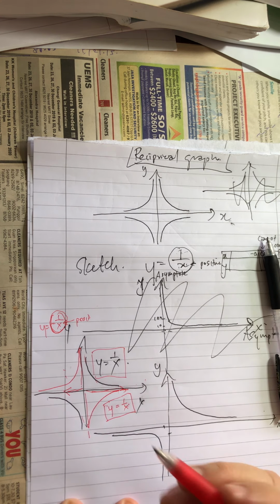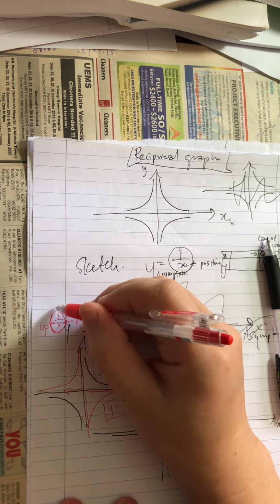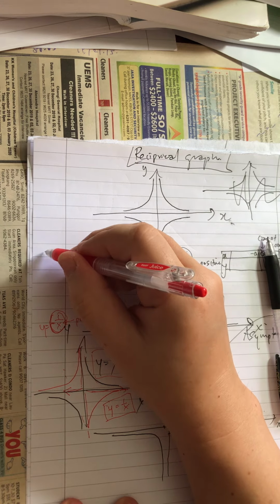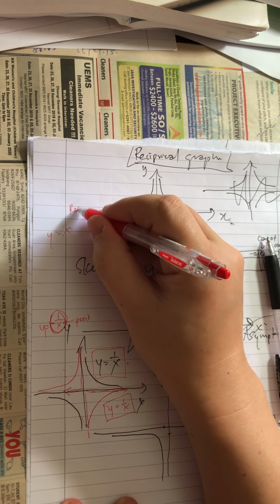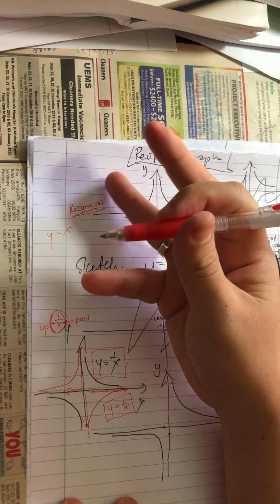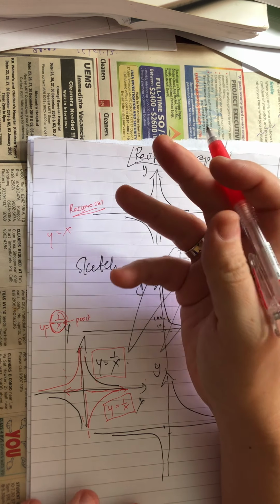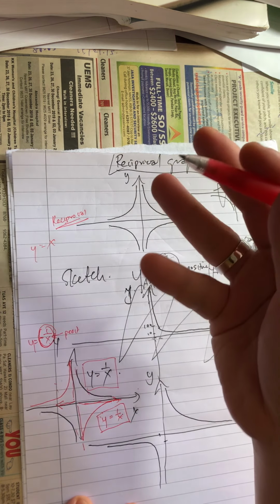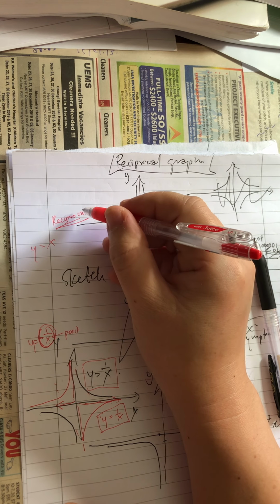Okay, so you'll find that, when you're asked to draw this kind of reciprocal graph, why is it called reciprocal graph? Because it's something like your y equals to x, and then you flip it over. Reciprocal means flip. Like I reciprocate your love for me, then I return you, I show you back. You reciprocate your parents' love for you, then you show them back the love that they show you.